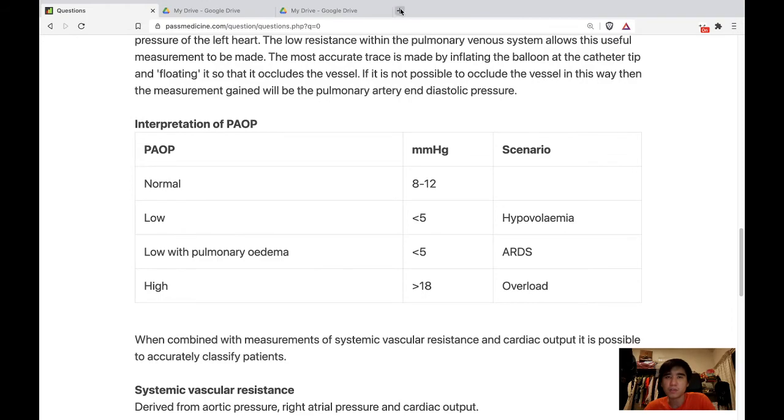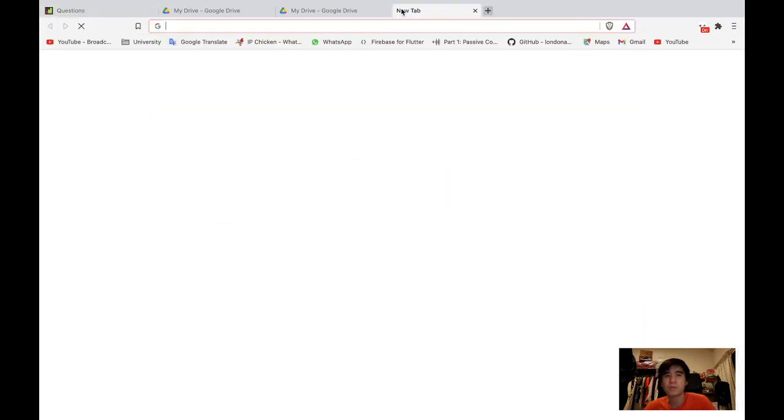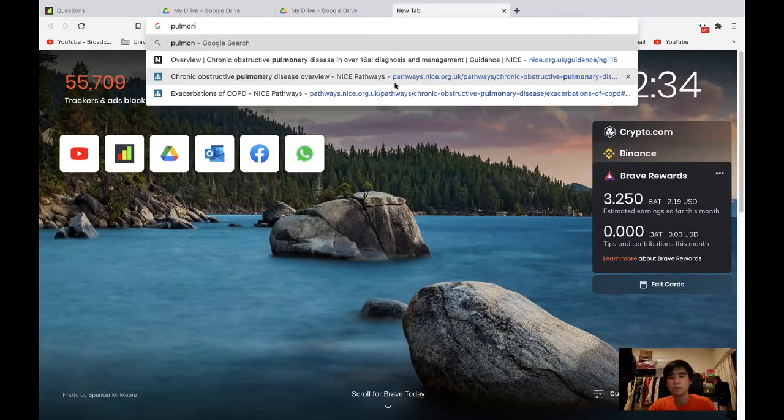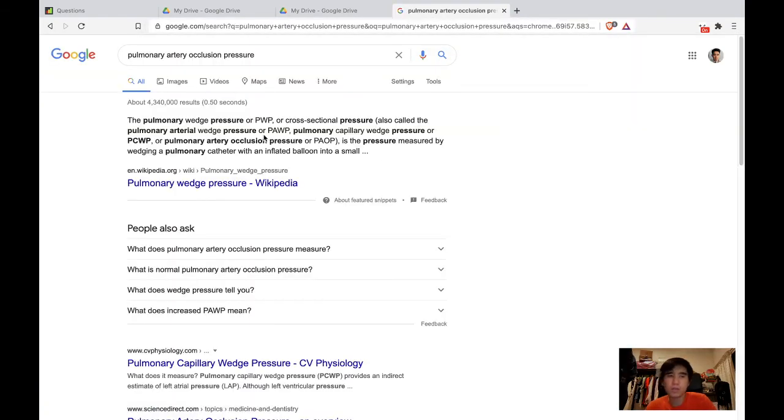Let's have a look. What's the term called? Pulmonary artery occlusion pressure. So probably occluding the pulmonary artery. Pulmonary wedge pressure or cross-sectional pressure, also called pulmonary arterial wedge pressure, pulmonary capillary wedge pressure, or pulmonary artery occlusion pressure. So many names for one thing.